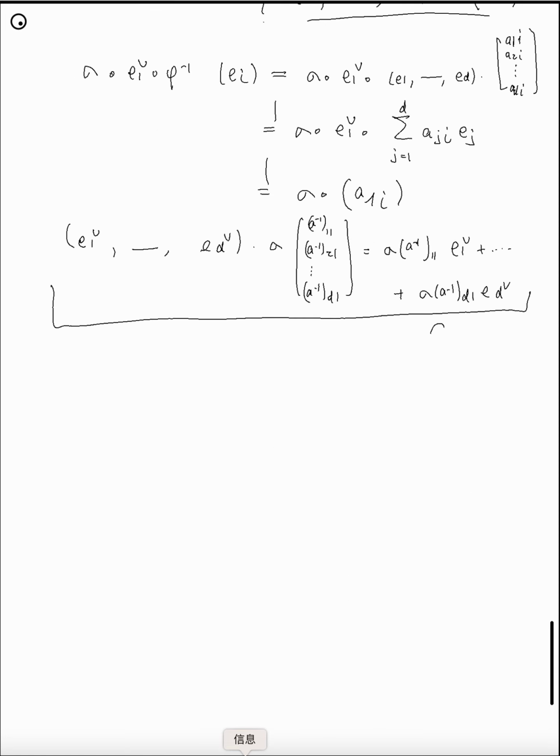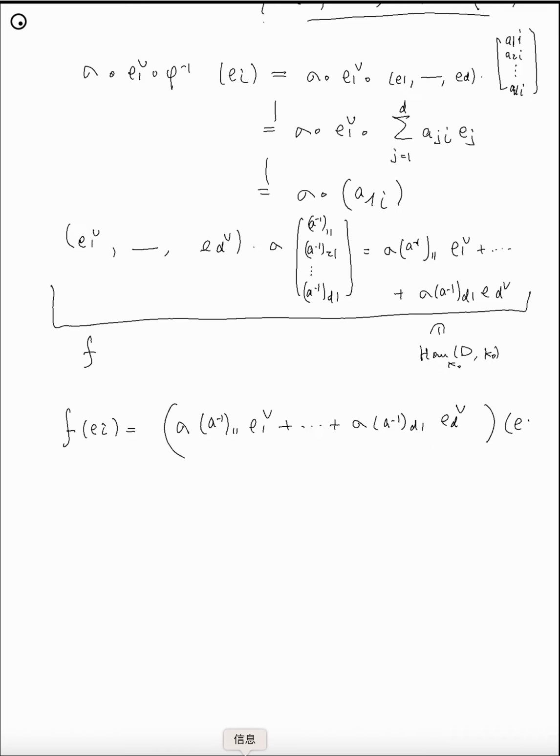Let's call this an element again in the Hom from D to K0, call this F. Then F of EI equals sigma A inverse 11 E1 du and so on. Obviously only the EI du is left, so what is left is sigma A inverse of I1.